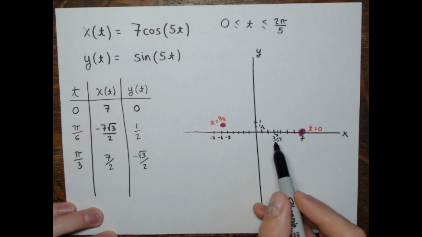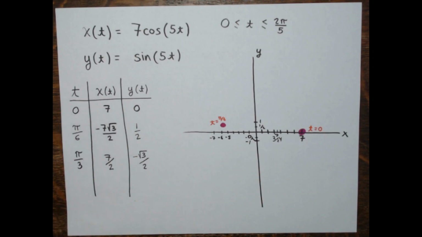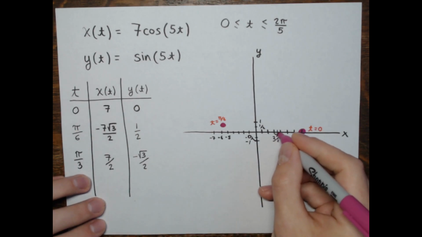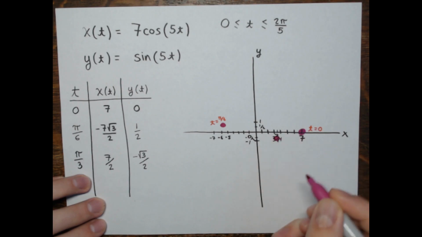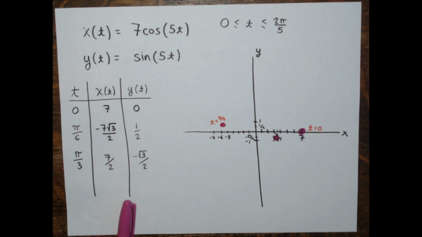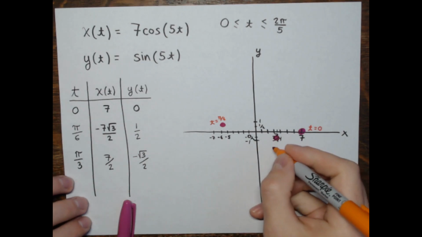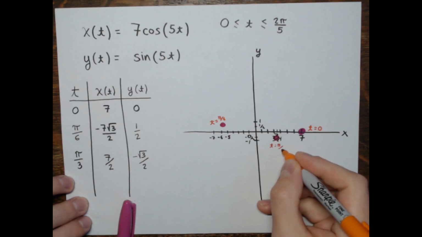About negative 0.86, but greater than -1. Here's negative square root of 3 over 2 or whatever. And this isn't a very good drawing, but 7/2 for the x-coordinate, negative square root of 3 over 2 for the y-coordinate. And here's when t is pi over 3.